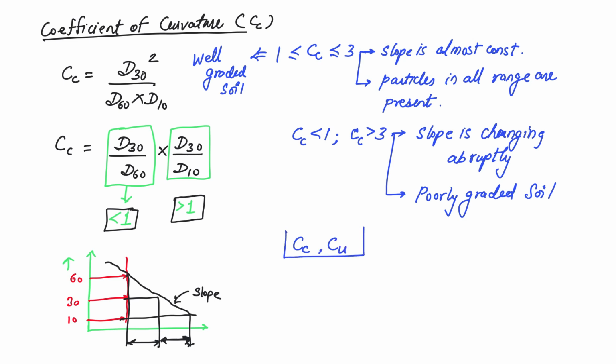So that is the purpose of these two coefficients. And yes, as the Cc tells us about the slope of the graph, that is why it is known as the coefficient of curvature. I hope now you understand why this name is given for the Cc.